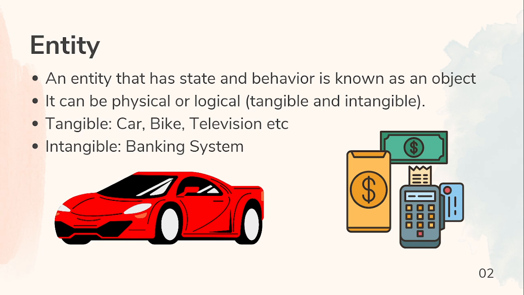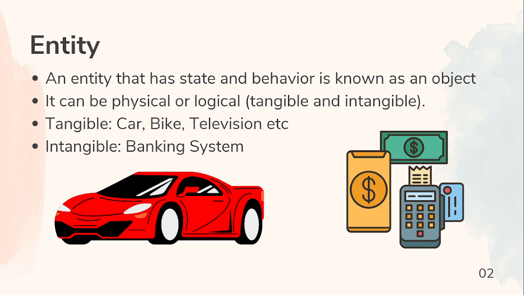In terms of tangible things, we can see a car, bike, television, mobile phone. There are so many things that you can touch and feel. These are tangible objects. Apart from that, there are banking systems and different departments in an industry.